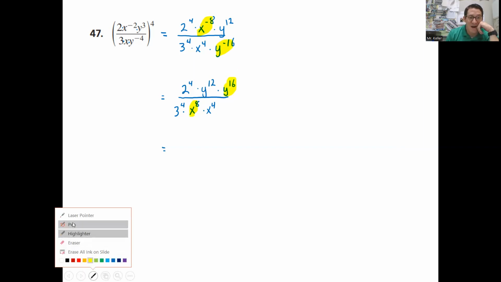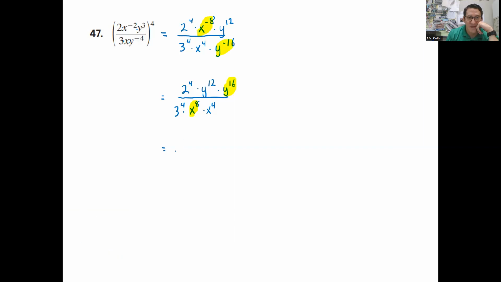Now I'm going to simplify stuff a little bit more. I'll go ahead and evaluate this. 2 to the 4th is 16. Again, you can leave it as 2 to the 4th if you want. Y to the 12th times y to the 16th, you add those. 12 plus 16 is 28. 3 to the 4th is 81.